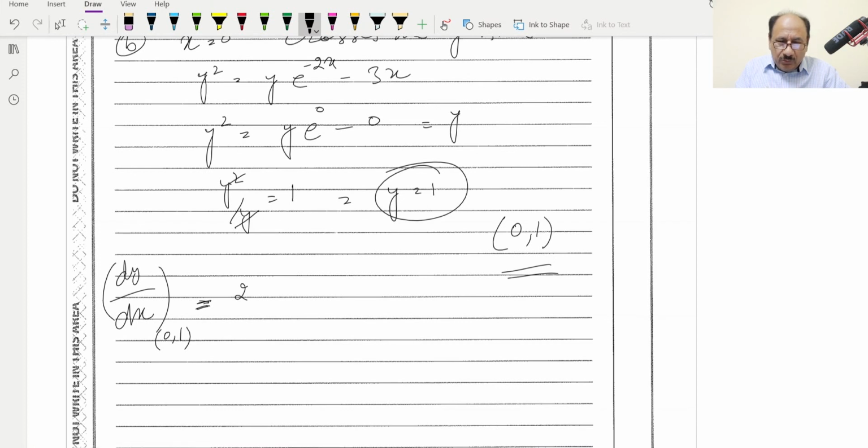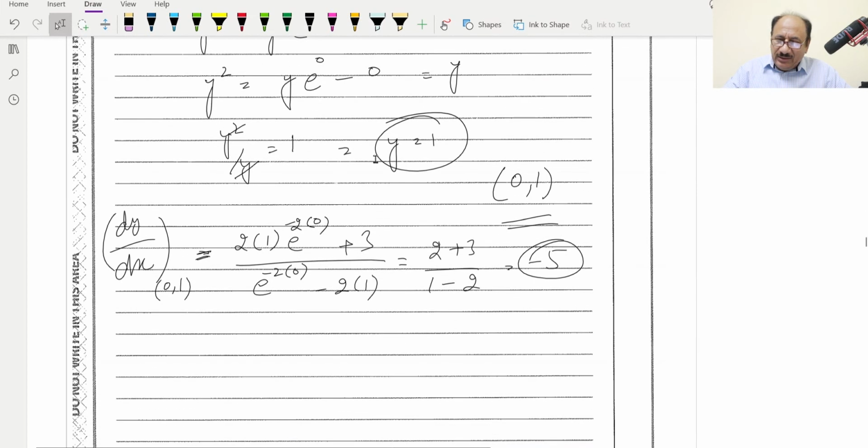So this will be 2 into 1 e raised to the power of minus 2 into 0 plus 3, divided by e raised to minus 2 into 0 minus 2 into 1, the y value. So this will be 2 plus 3 divided by 1 minus 2, and this will be 5 over minus 1, which results in minus 5. So gradient is minus 5, m is equal to minus 5.